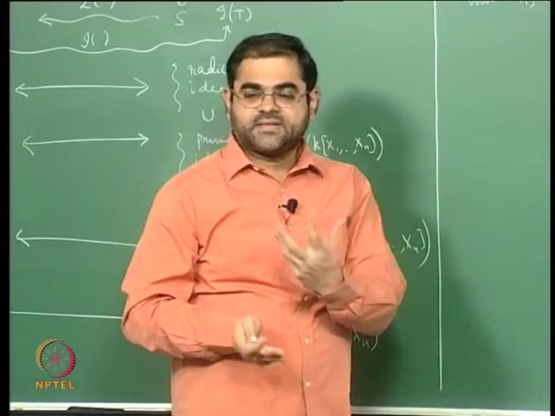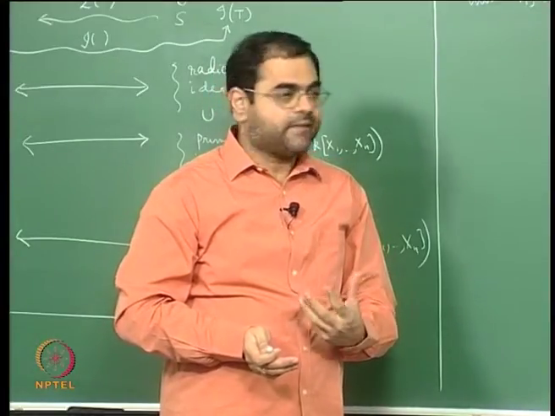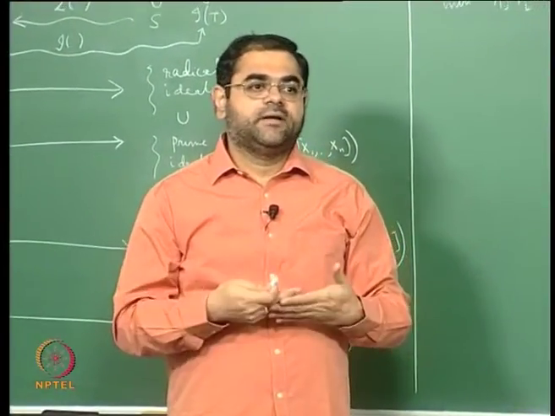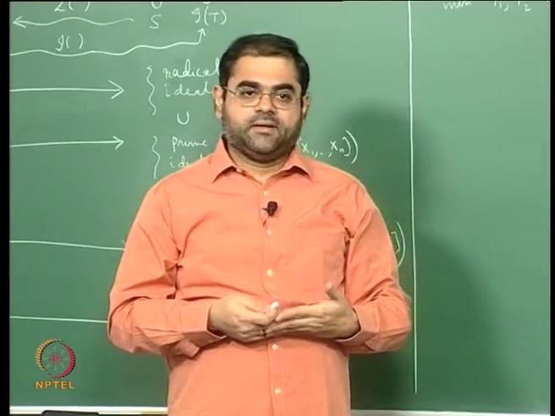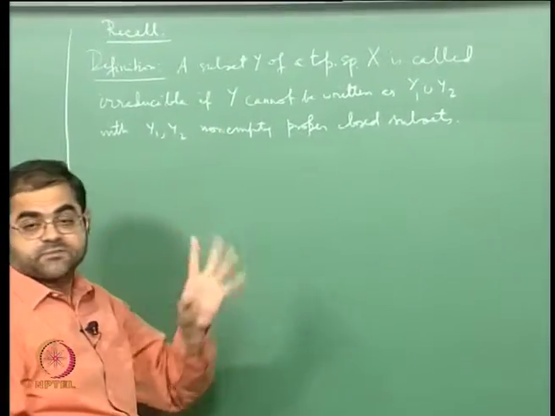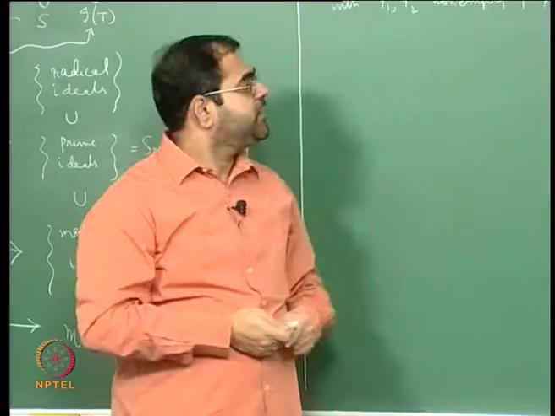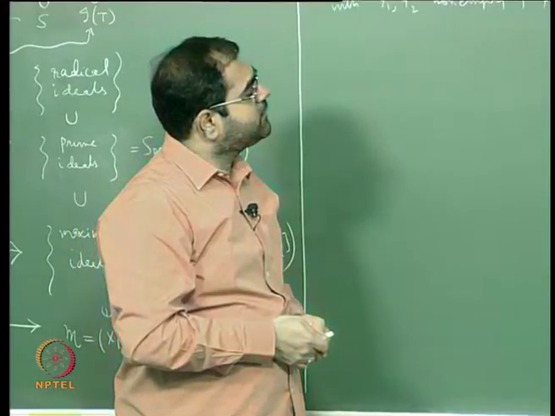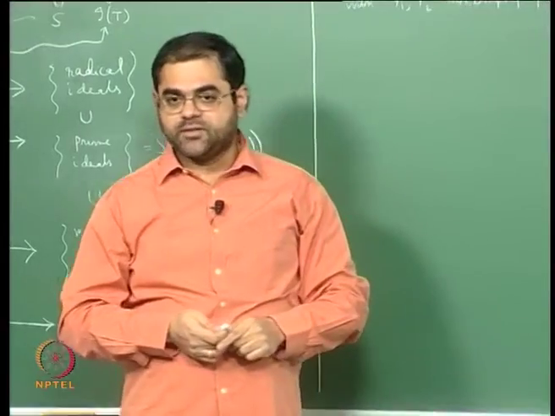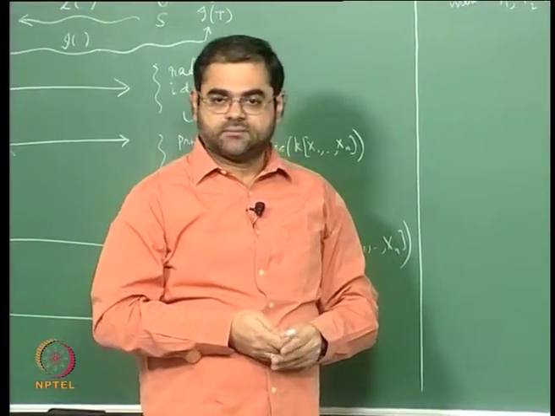And that also tells you that if you take any two non-empty open subsets, they will intersect; they cannot be disjoint from each other. So these are the nice properties of irreducibility, and later on we will again look at it. Probably it's not so hard, you can even check it offhand. I think that the image of an irreducible set continues to be irreducible under a continuous map, which is the same kind of statement that you get for a connected set.